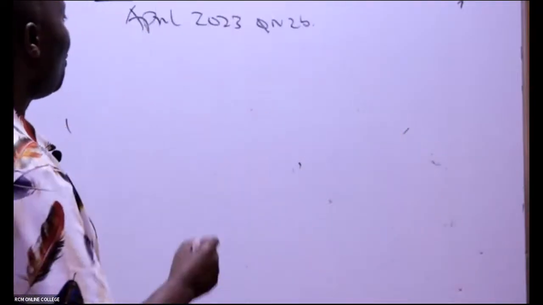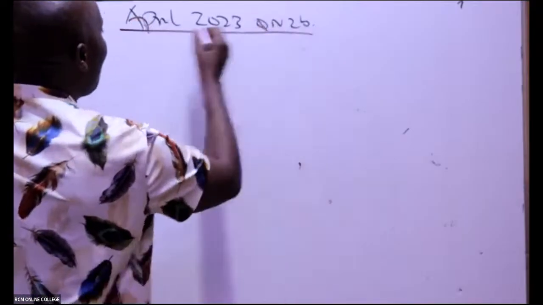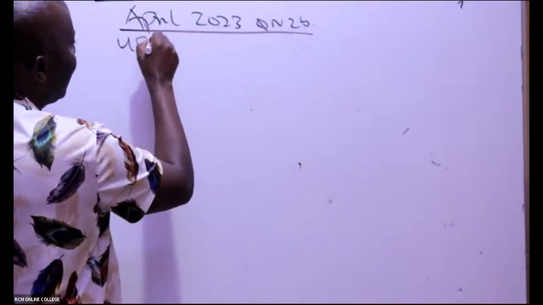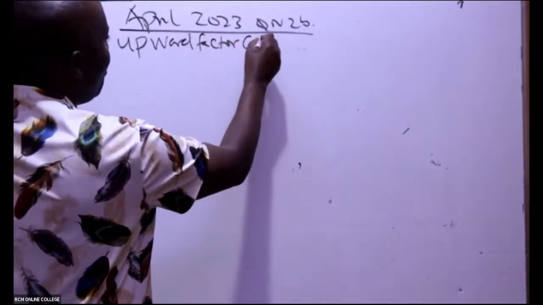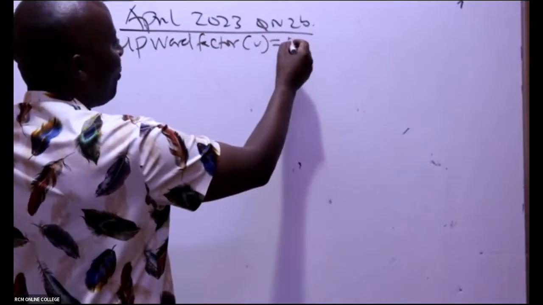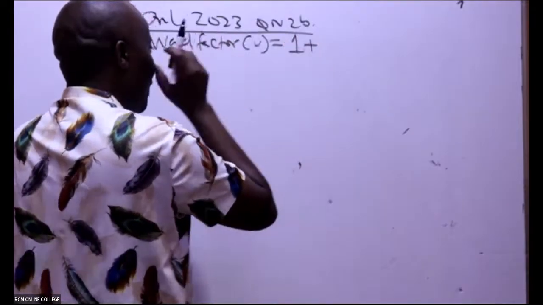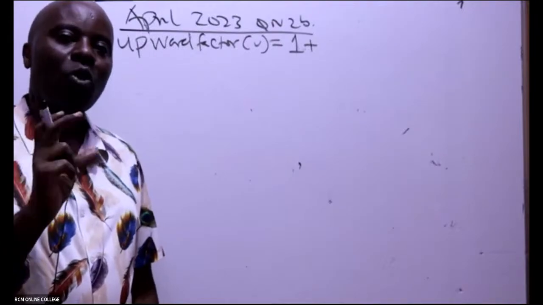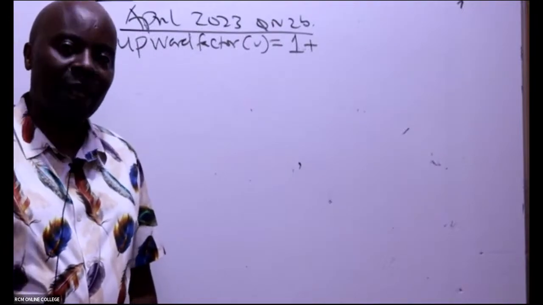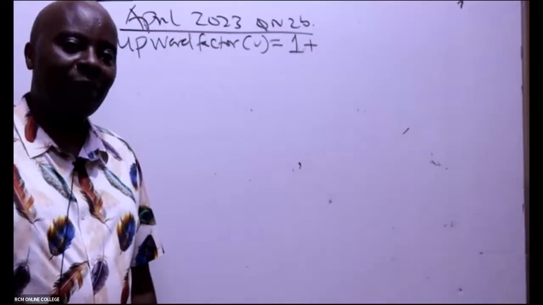So what we shall do, first of all, is to calculate the upward factor, the U. In this case, they have told us that there are two possibilities: the price could either go up by 20% or go down by 17%.